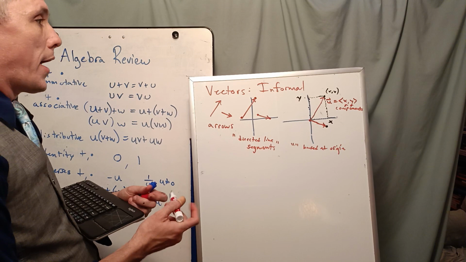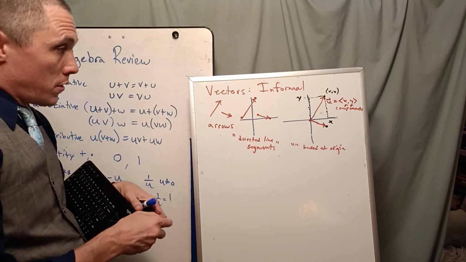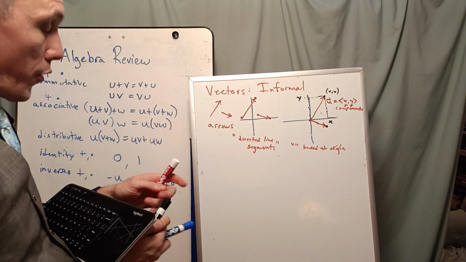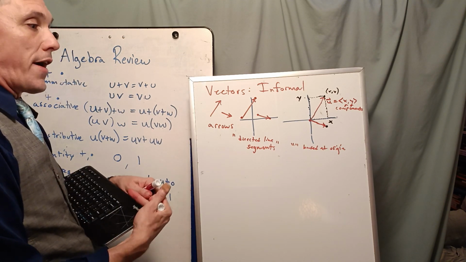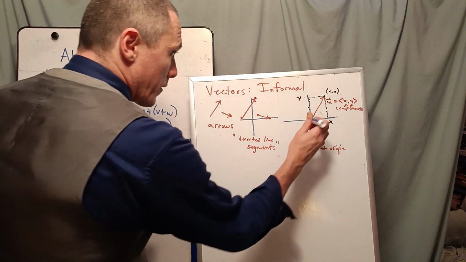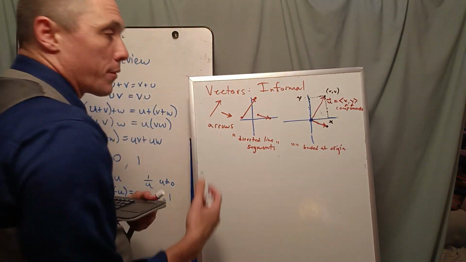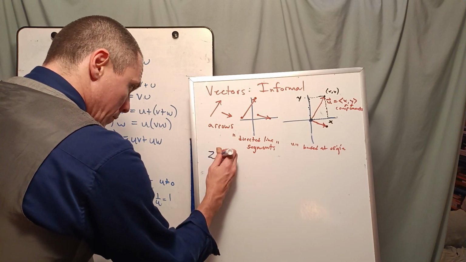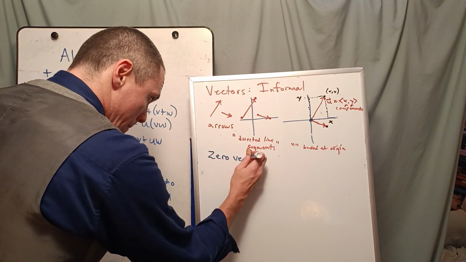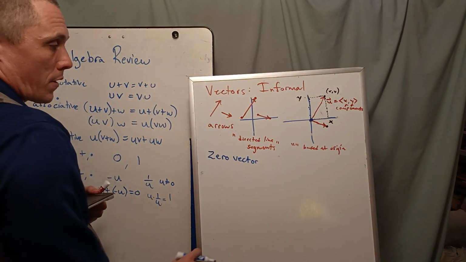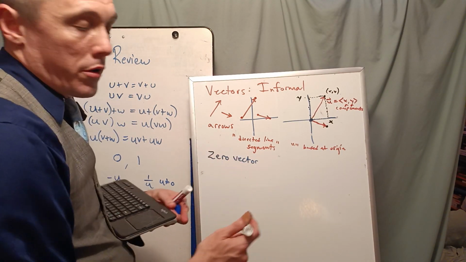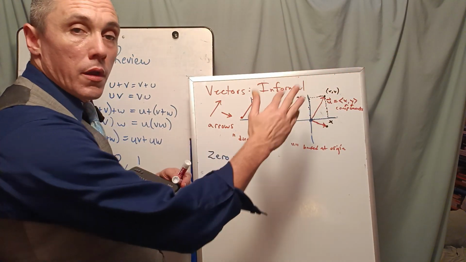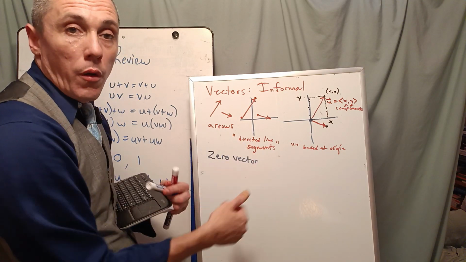Now, one thing to point out is that there is a special point on each one of these grids, and there is a special vector associated with that point, namely the origin. All of the other vectors have a direction that they point in and a length which is non-zero.